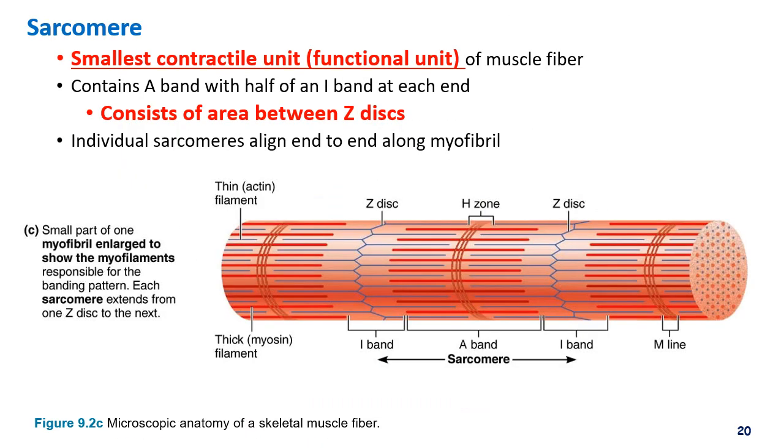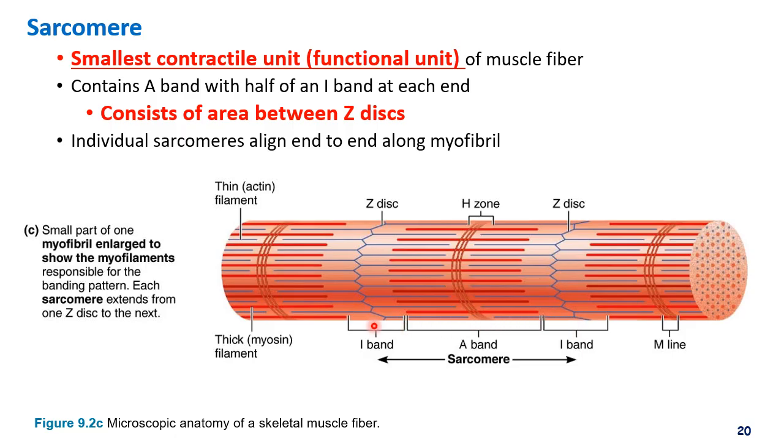So that brings us to the sarcomere. The sarcomere is really the smallest functional unit of your muscle cell. What is a sarcomere? It's basically defined as this space that has a dark zone and light zones. In the middle of the light zones, you have the Z disc that holds your skinny fibers together.